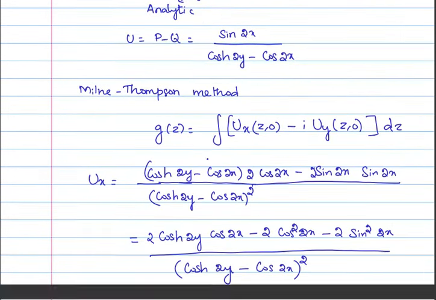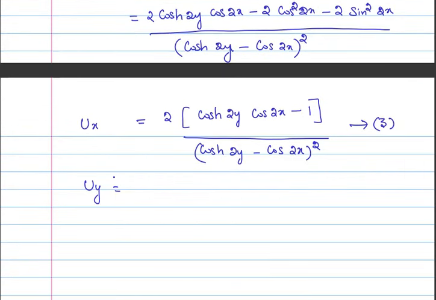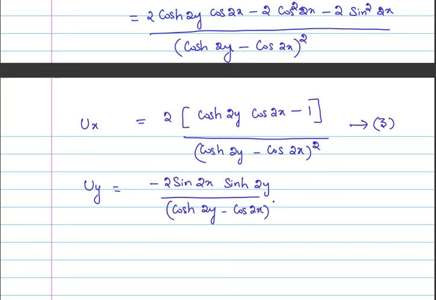Sin 2x stays the same, and the derivative of cosh 2y only gives sinh 2y times 2, divided by (cosh 2y minus cos 2x) the whole square. This is u_y of (x, y), equation number 4.